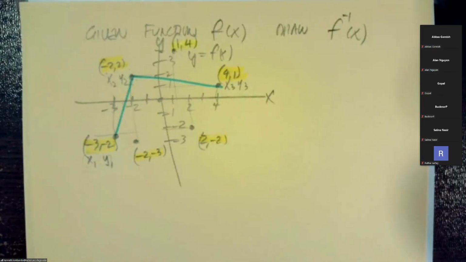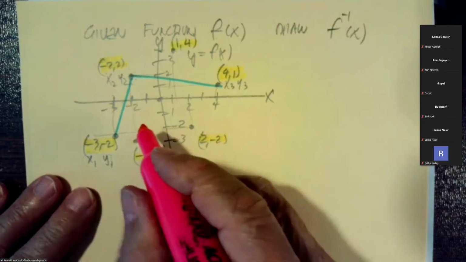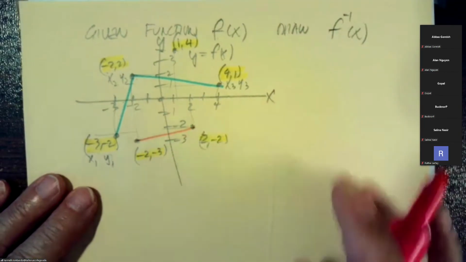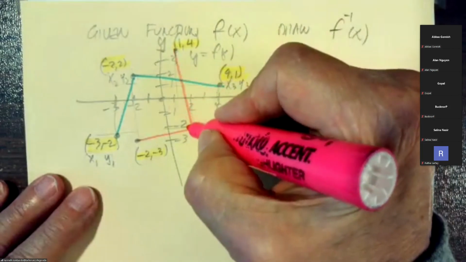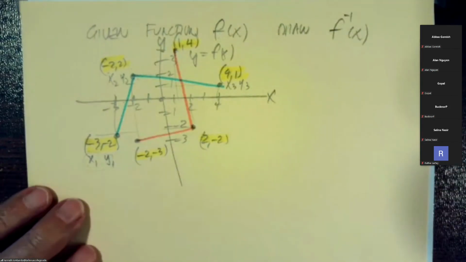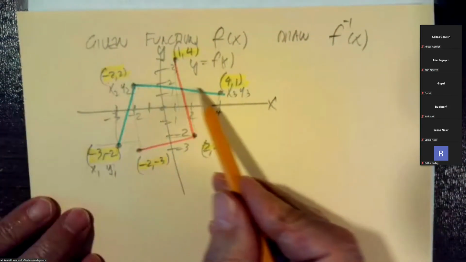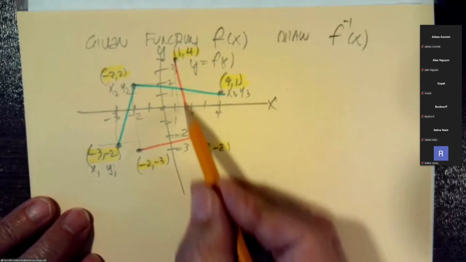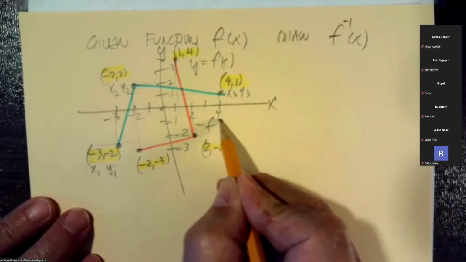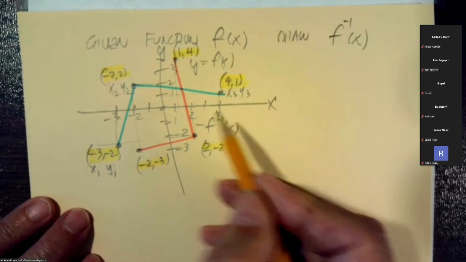And now let's say I connect that second set of points here and here. So the blue line is f of x. The pink line is f inverse of x.